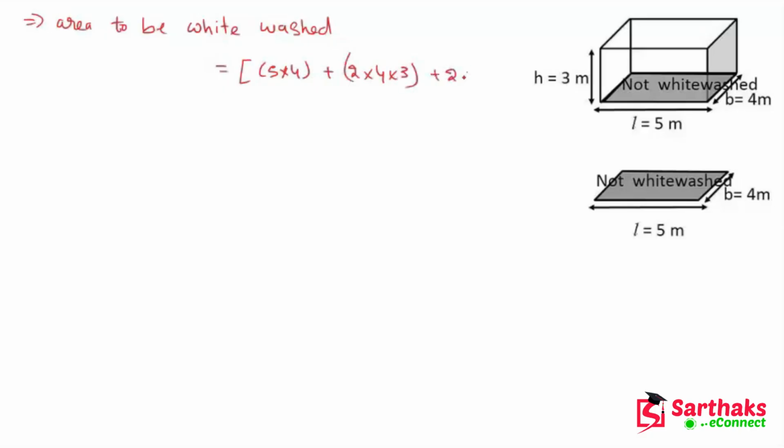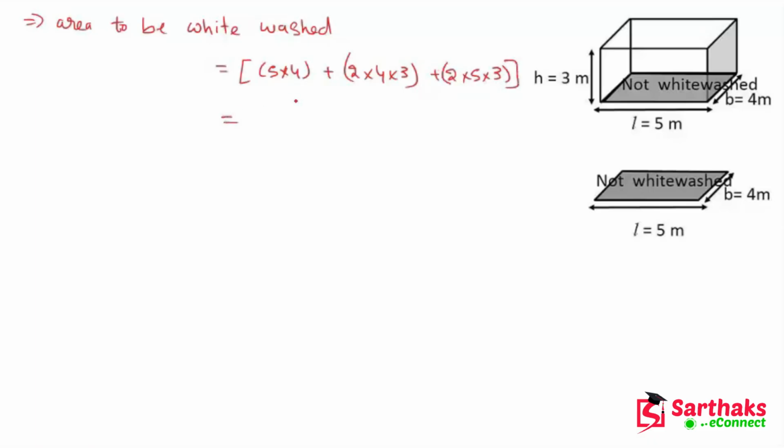So the area to be whitewashed is equal to, putting the values, 5 into 4 plus 2 into 4 into 3 plus 2 into 5 into 3.